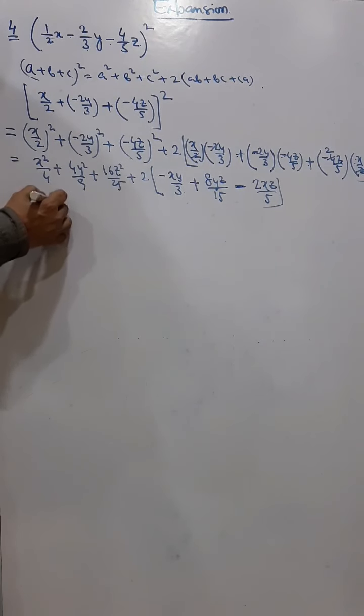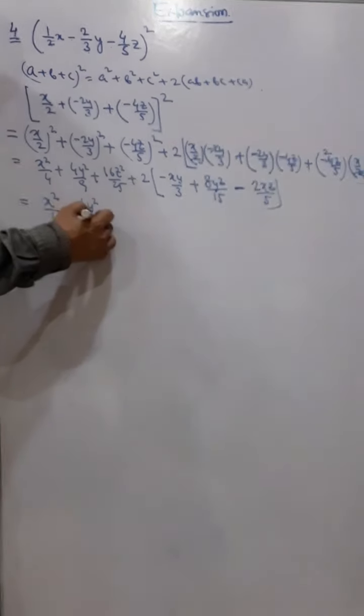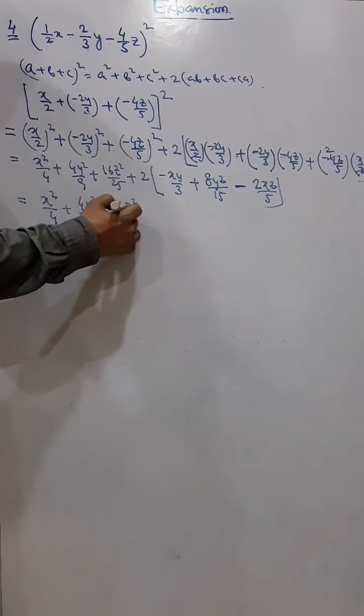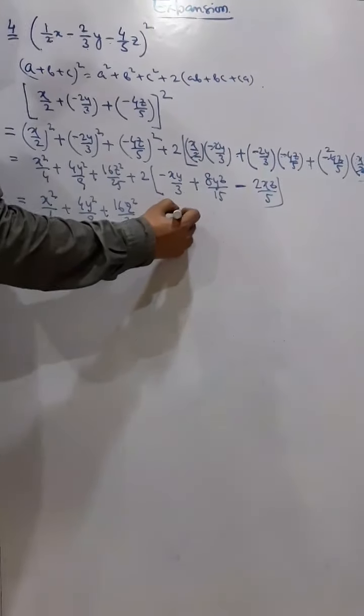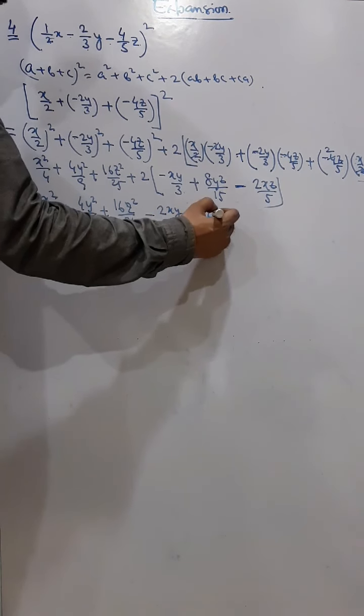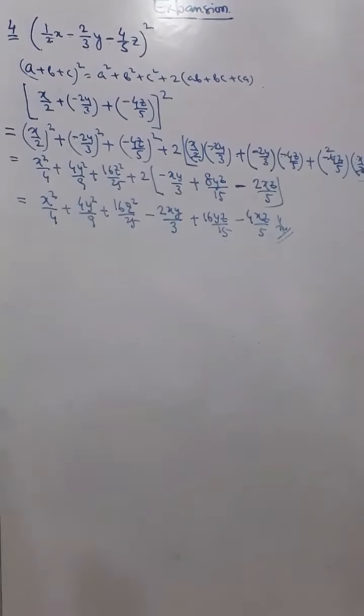And then finally what we have: x square by 4 plus 4y square by 9 plus 16z square by 25. Then we'll multiply this 2 here: minus 2xy by 3 plus 16yz by 15, and then 2 into 2, minus 4xz by 5, and this is the answer. Okay, understand?